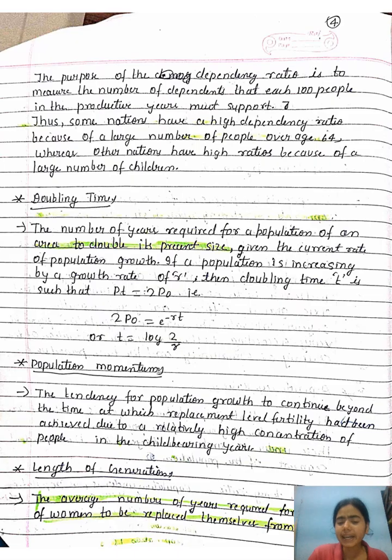Population momentum: the tendency for population growth to continue beyond the time at which replacement level has been achieved. So the tendency of population to grow even after the replacement level has been achieved.